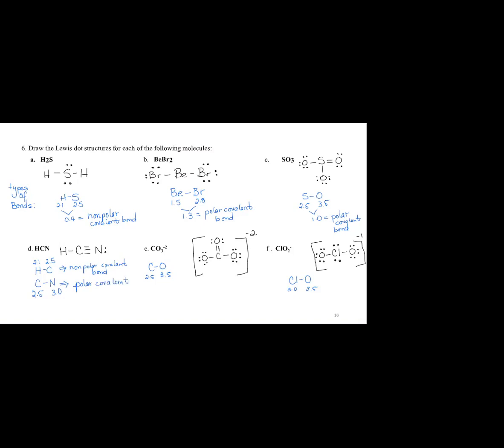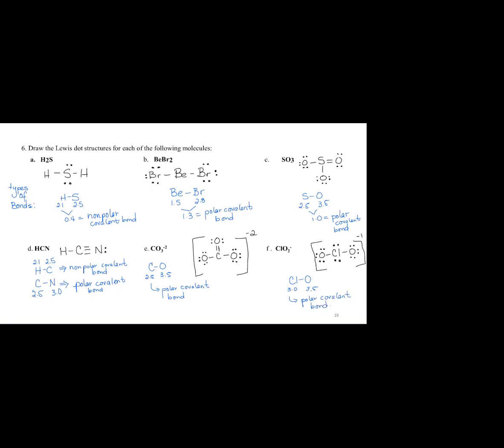Great job on the chat. So let's just finish these guys. We already learned that carbon oxygen is going to be a polar covalent bond. And lastly, chlorine oxygen. This is a polar covalent bond.